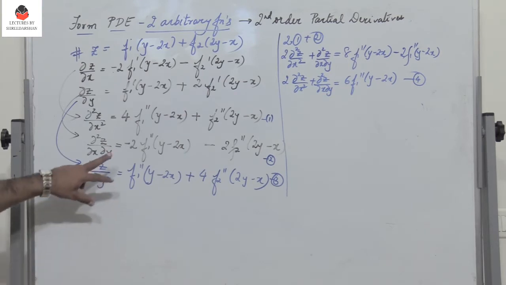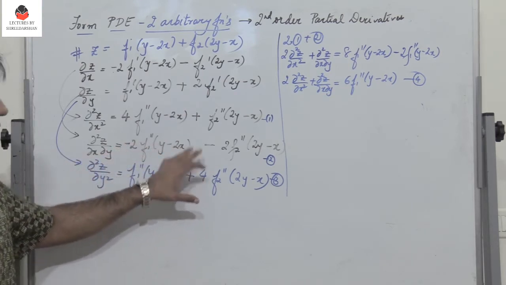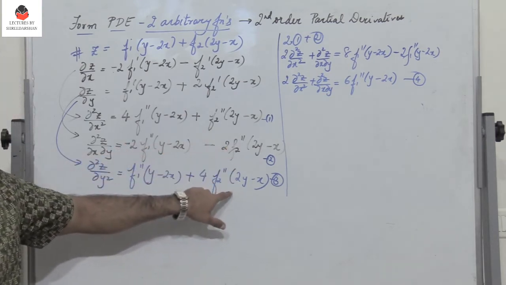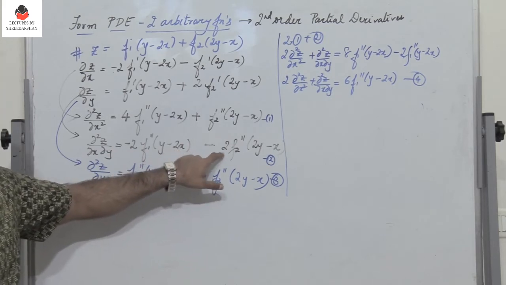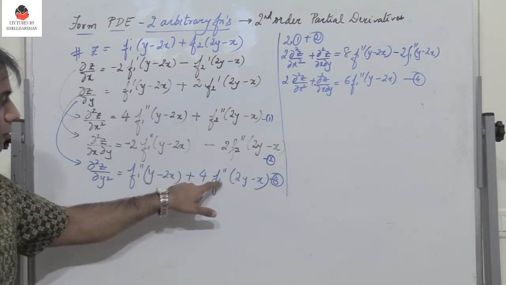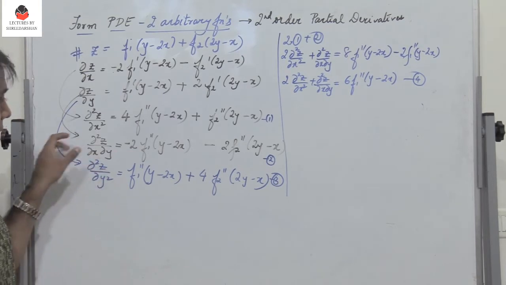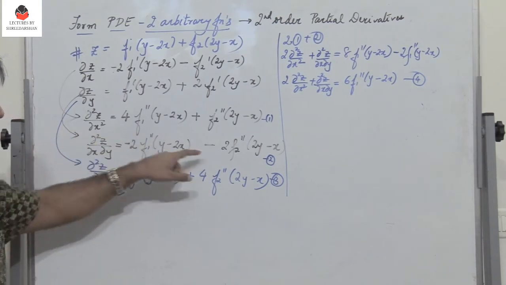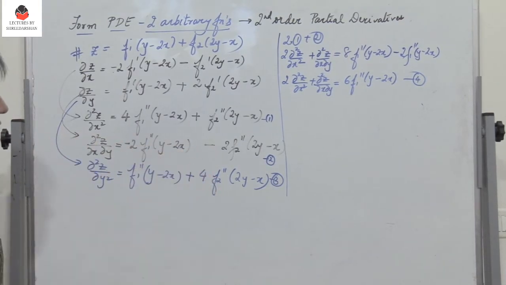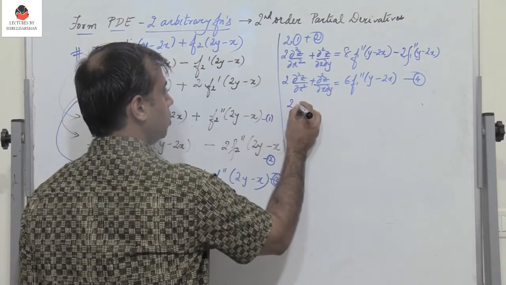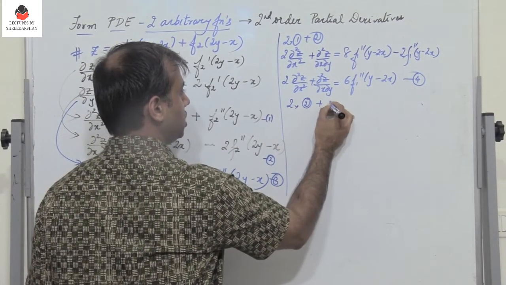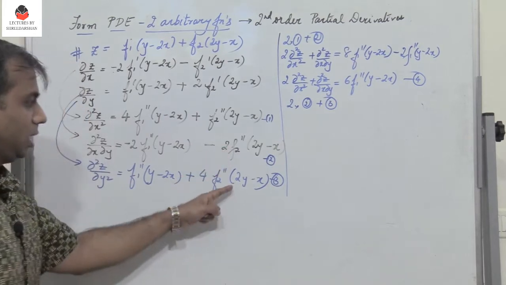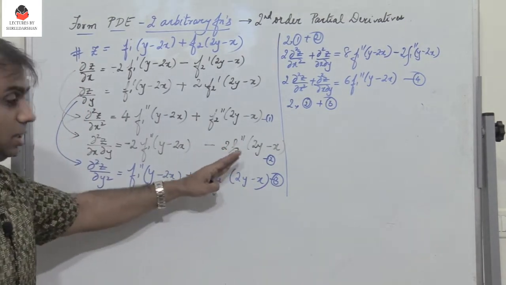So again, consider equations 2 and 3. I have to eliminate f2'' here. Here you have minus 2 f2'', here you have 4 f2''. So what can be done? Multiply equation 2 with 2 and add it with equation 3. So 2 into equation 2 plus 3 will eliminate the second term in the RHS.